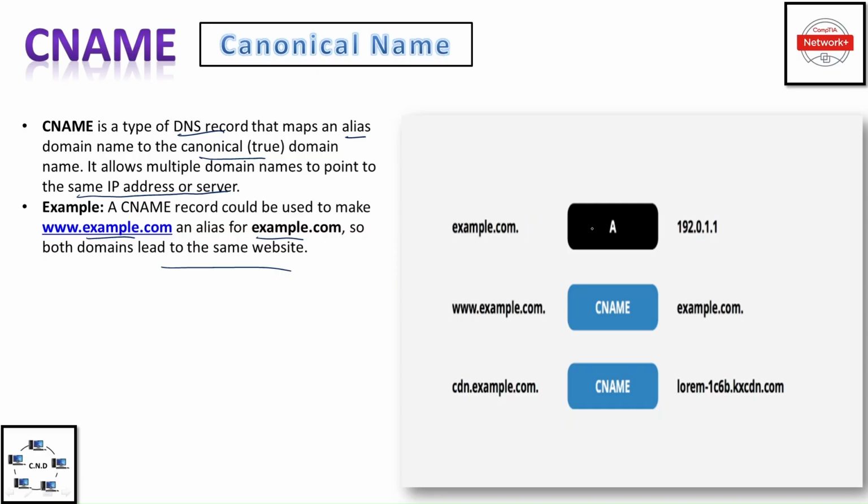For example, the A record translates the domain name to an IP address, and the canonical name basically leads to the same domain name. For example, this can be an alias for this, and this one can be an alias for this.